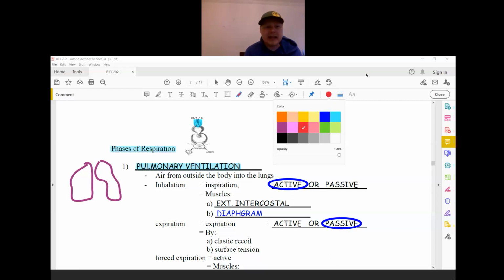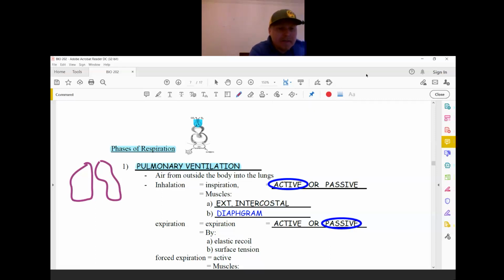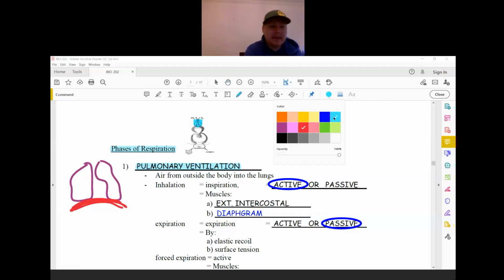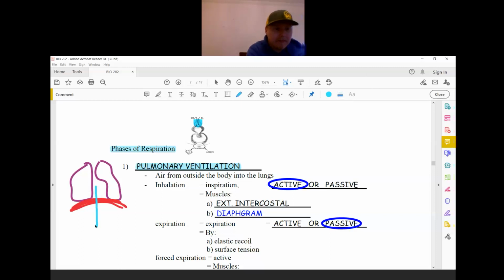That's the part that takes effort. Normally, your diaphragm is located here. When you breathe in, it moves downwards, making the chest cavity bigger. And now your lungs grow bigger.